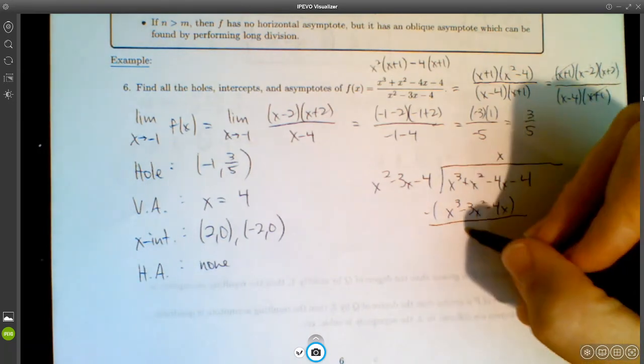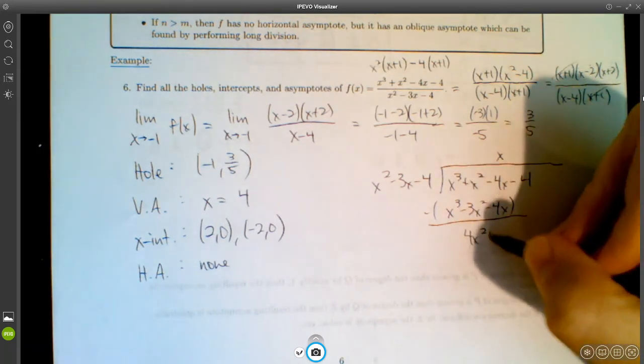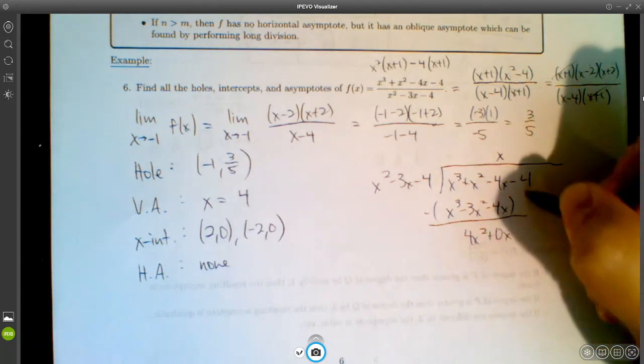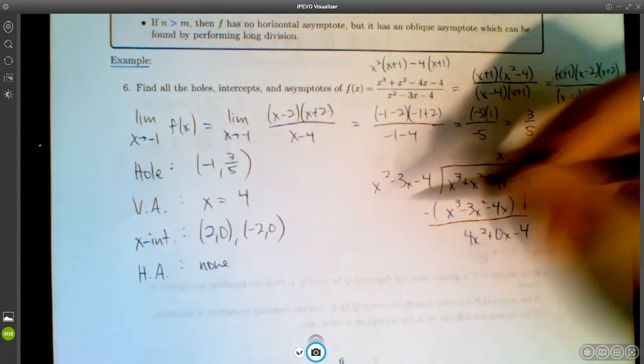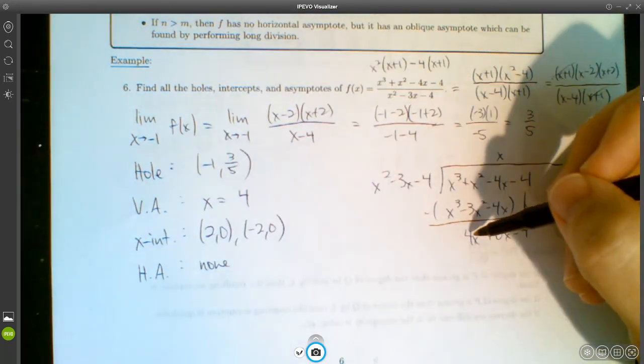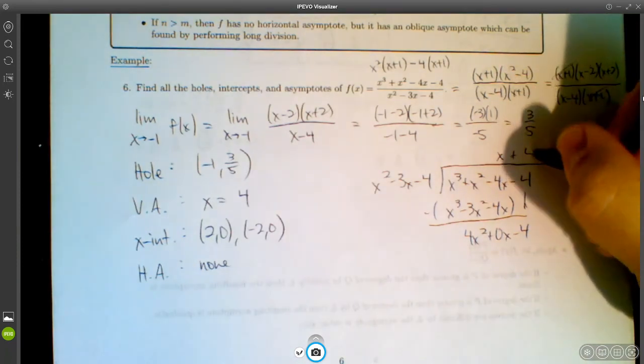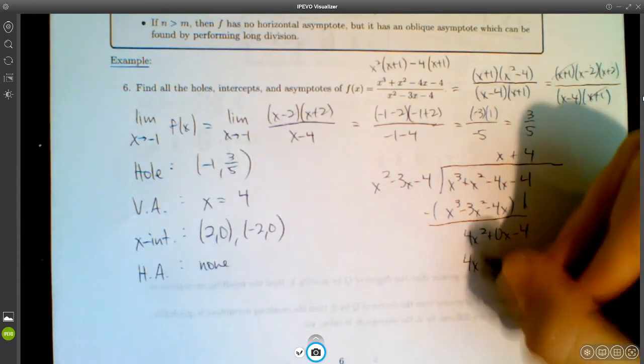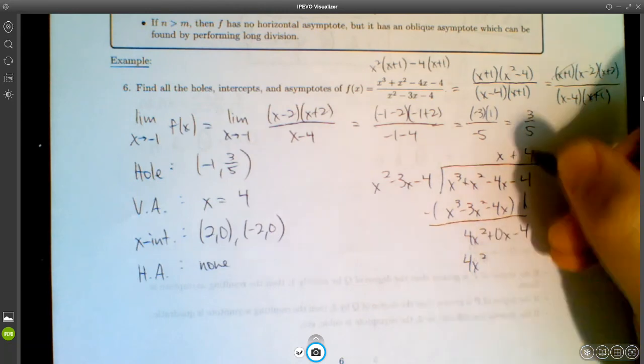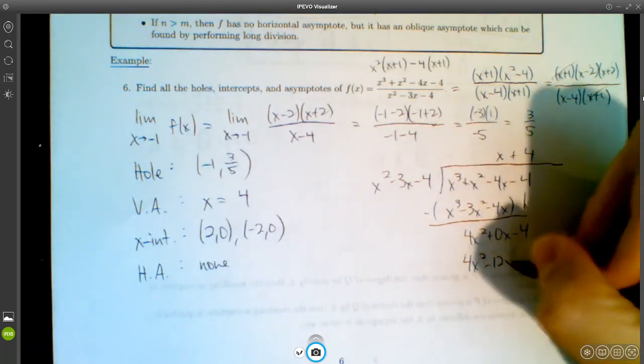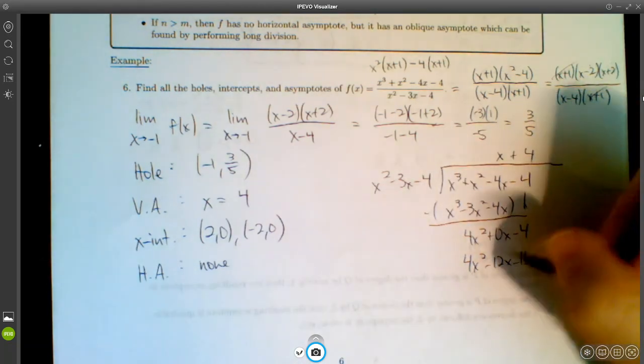Subtract, I'm going to get a 4x squared. The 4x's cancel. We can bring down a negative 4. X squared times 4 would be 4x squared. So 4x squared minus 12x minus 16.